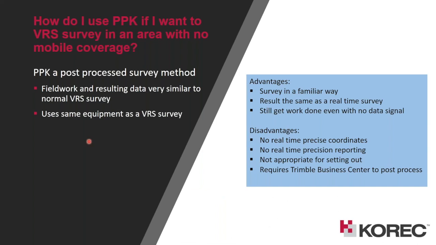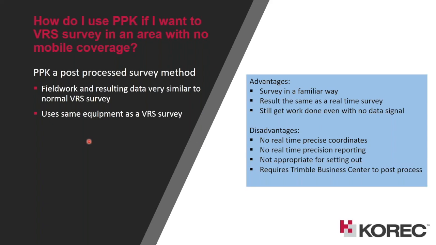Well, PPK is a survey method that can be used in those spots where there is no or very limited mobile data signal. The survey is more or less the same as per a normal VRS survey method in terms of the field work and the equipment that you use.